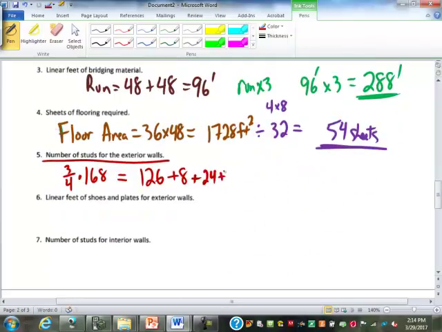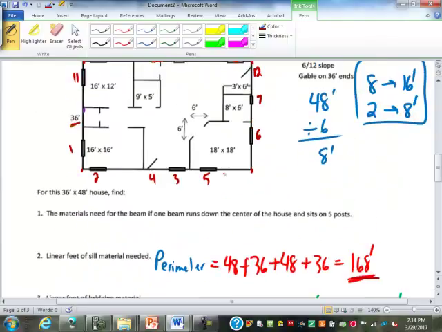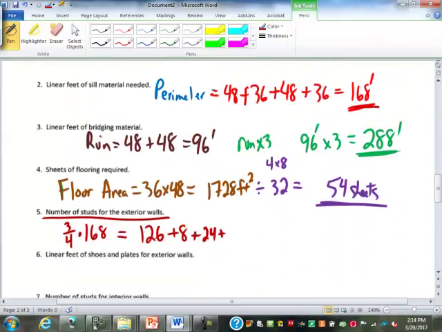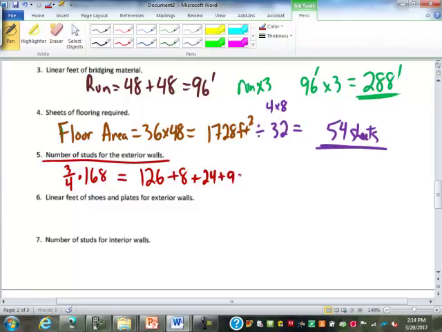And then we add 1 for every interior wall intersection. So we've got 1, 2, 3, 4, 5, 6, 7, 8, 9 that we're going to add for those. So what's that add up to? 167 studs.